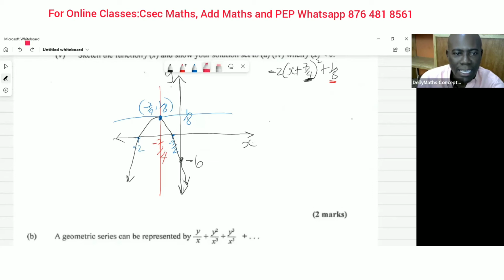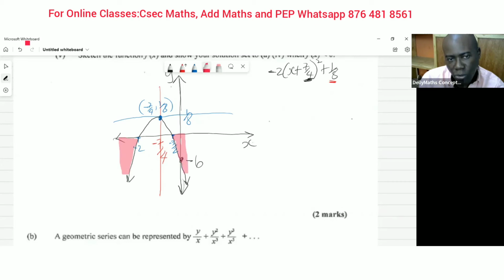It's going to be less than 0 under the x-axis. So we're talking about these areas here. These areas, it's less than 0.